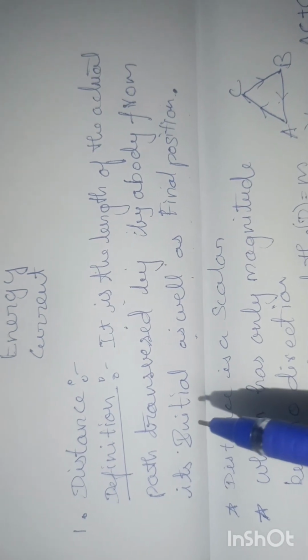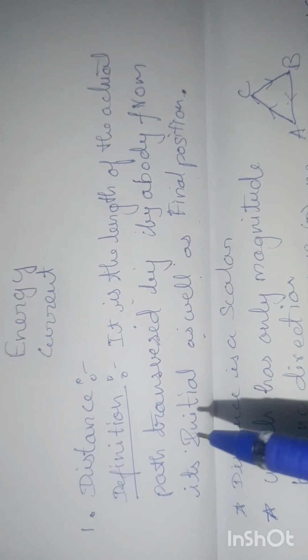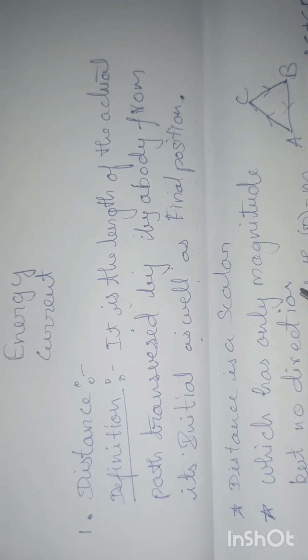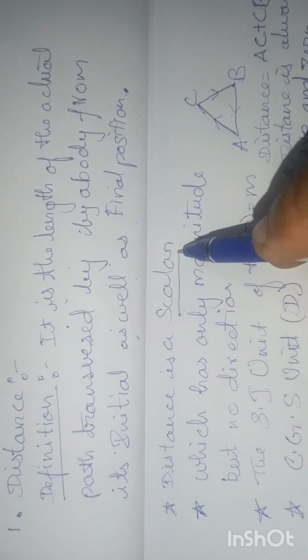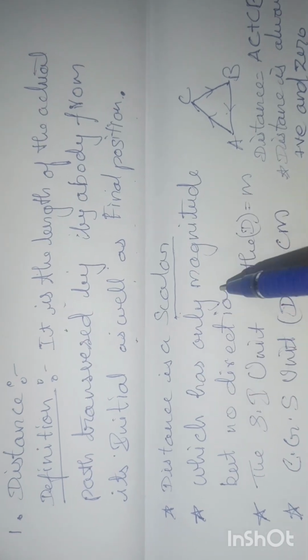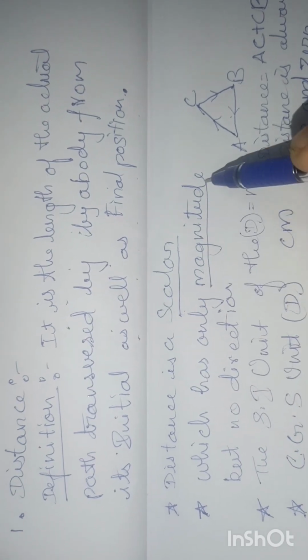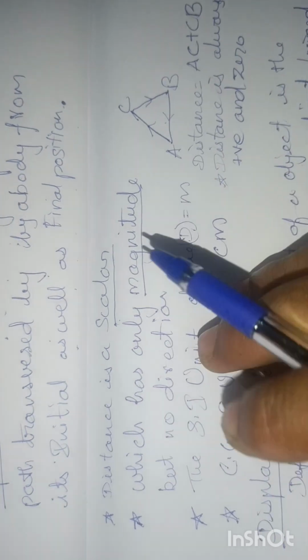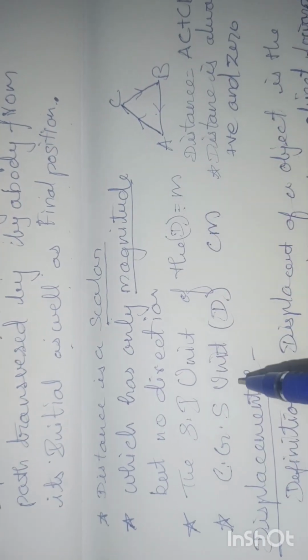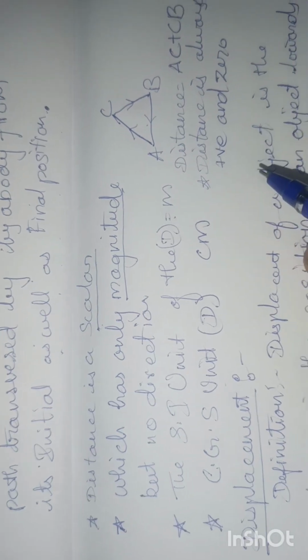Distance is always a scalar quantity. It has only magnitude but not direction, because that is the clear representation of a scalar quantity. The SI unit of distance is meter, the CGS unit of distance is centimeter.